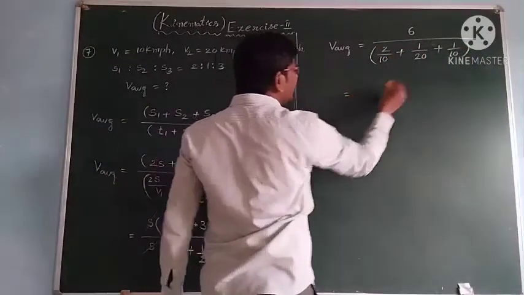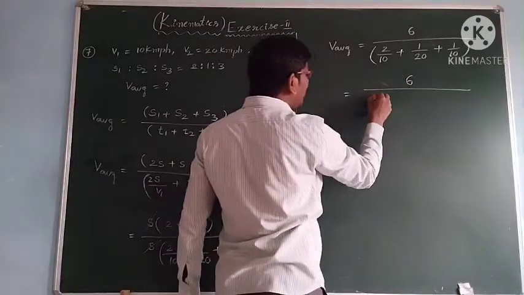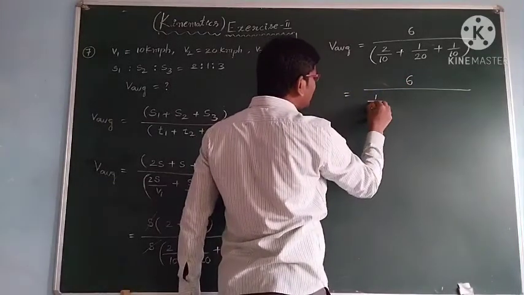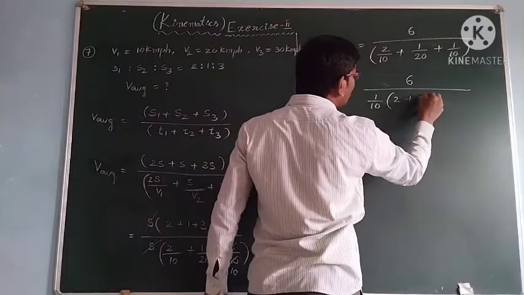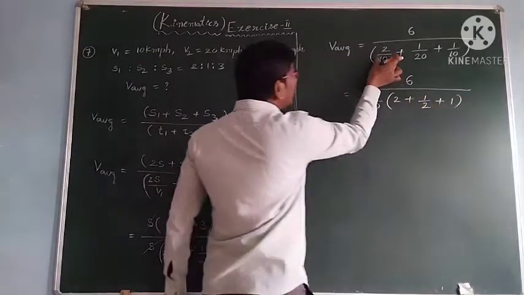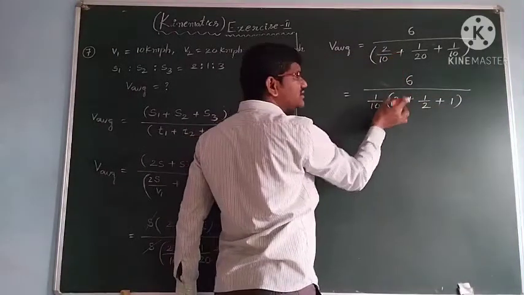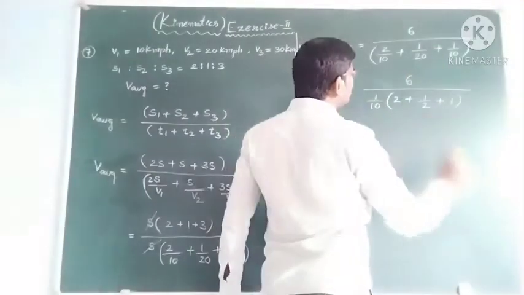So then 6 by, if you take 1 by 10 common, 2 plus 1 by 2 plus again 1. 1 by 10 take it common students. So 2 is left, and 1 by 2 plus 1.